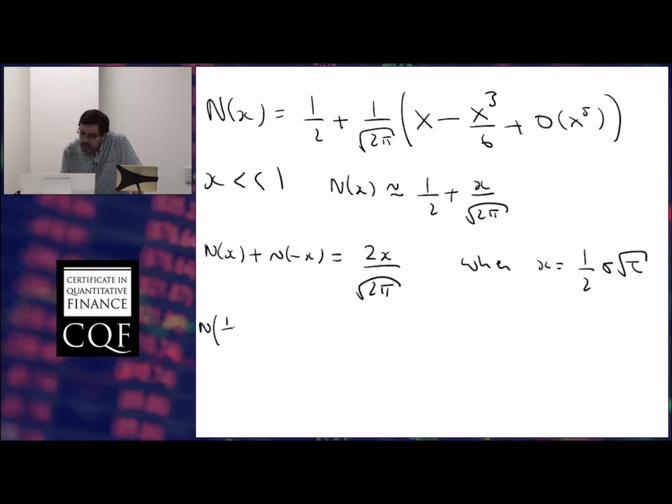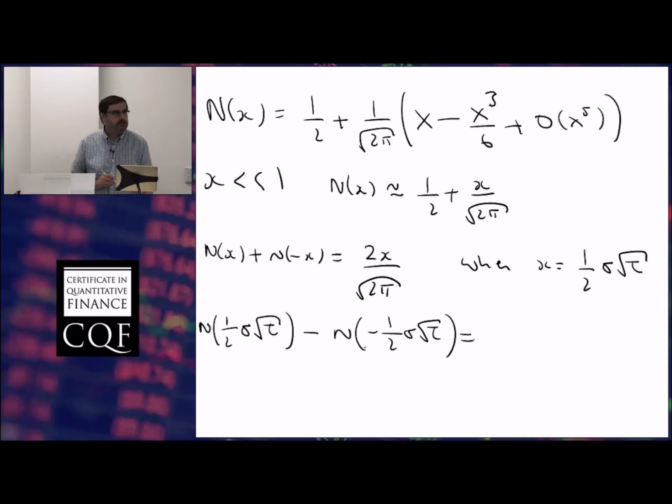N of a half sigma root tau, because this is what d1 and d2 are, aren't they? We end up with this minus that. So it's 2 lots of that, so it becomes sigma root tau. Agreed?